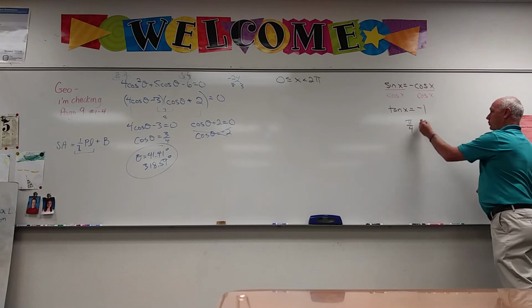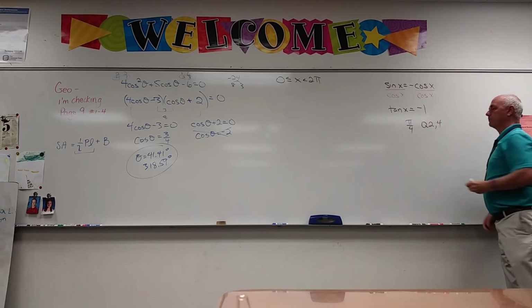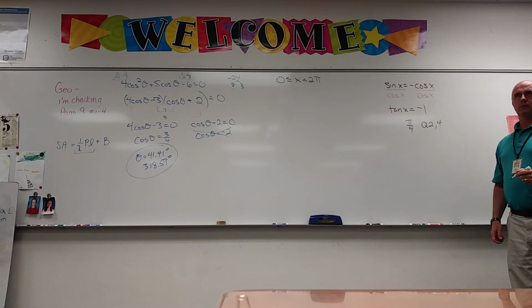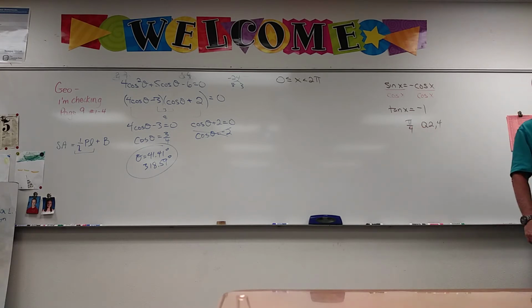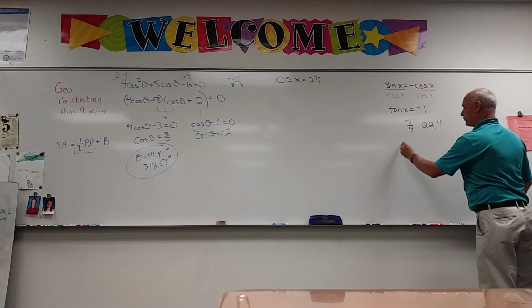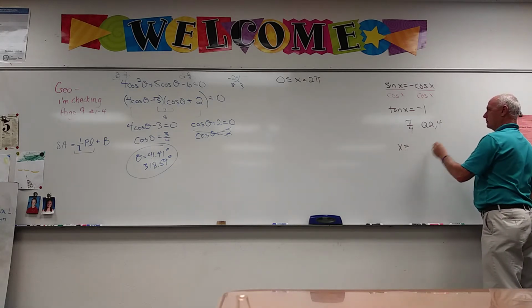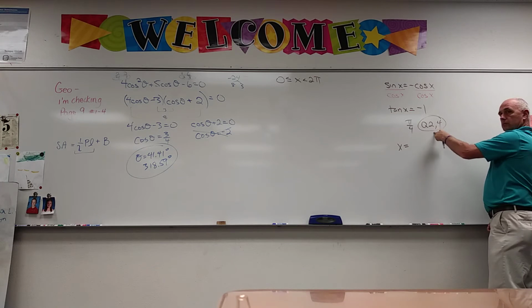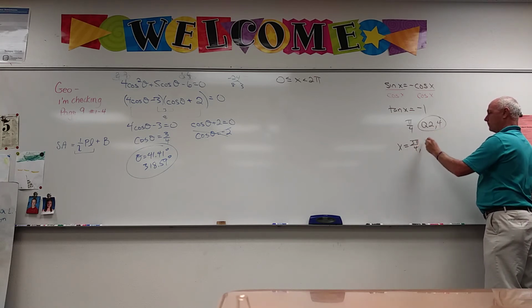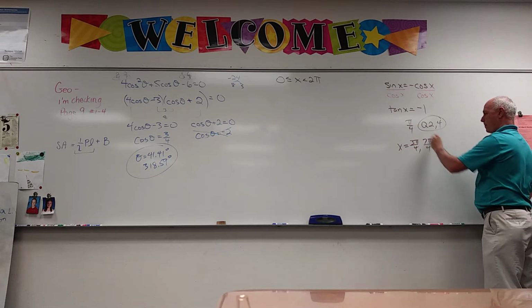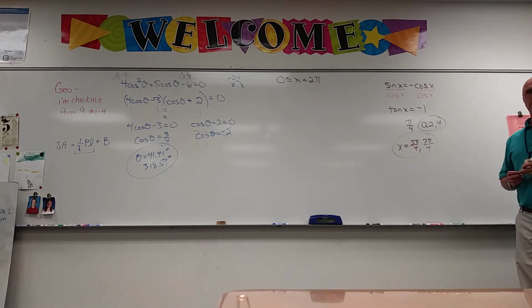Pi over 4, quadrants 2 and 4. Oh, this is that pi over 4 stuff. I remember that. 3 pi over 4, 7 pi over 4. So our answers for x are 3 pi over 4 and 7 pi over 4. And we'll be done.